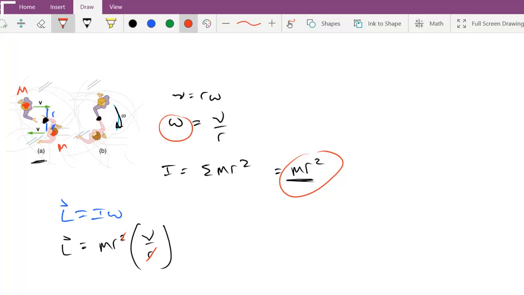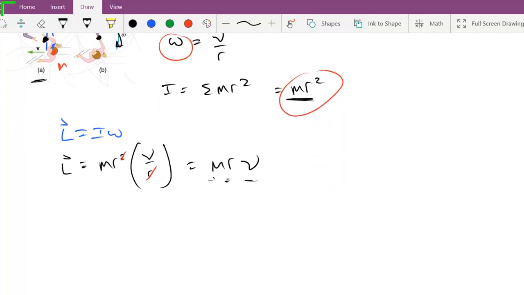Having some of these r's cancel out, this is equal to the mass times the distance away times their linear speed. So each of them individually has an angular momentum of mass times how far away they are from where they will rotate, times how fast they are going. This is their angular momentum.